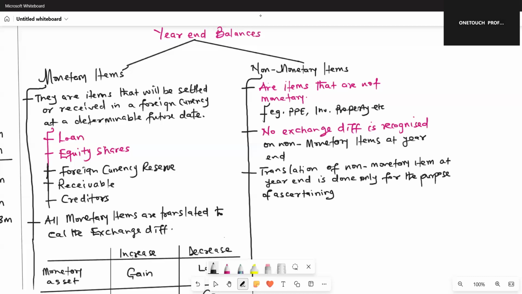All right, so translation of non-monetary items at year end is done only for the purpose of ascertaining the fair value or revalued amounts. So assuming the entity uses the cost model, then there will be no need for any translation.